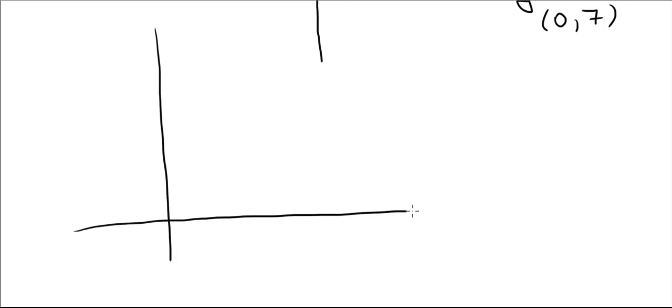So now we can graph our region. For the first parabola, we just need some points that we found. So this is the point (0, 16). Let's call this point right here (0, 7). This is the point (2, 0). And this is the point (2, 3). So let's graph the first parabola.